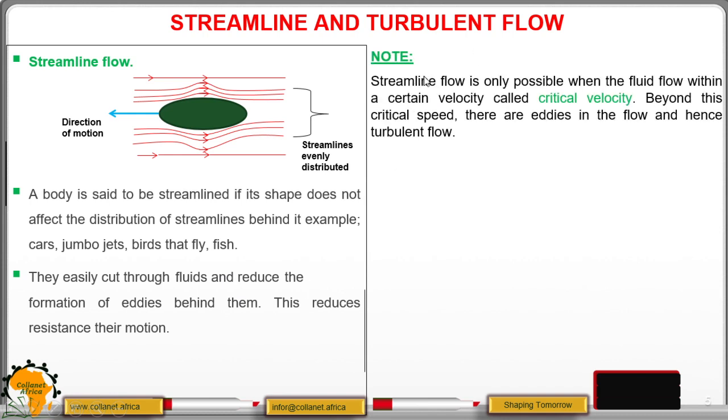It is also important to note that streamline flow is only possible when the flow of a fluid is within a certain velocity. The maximum velocity under which we have streamline flow is what we call the critical velocity. Beyond this critical speed, there will be formation of eddy currents, and therefore we will not have a streamline flow.